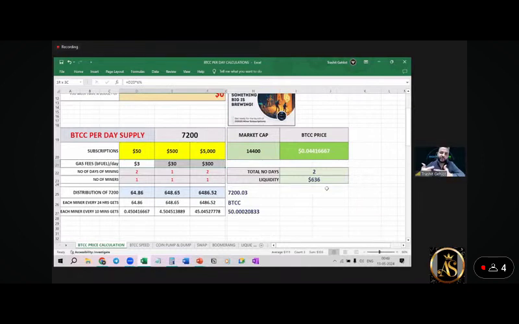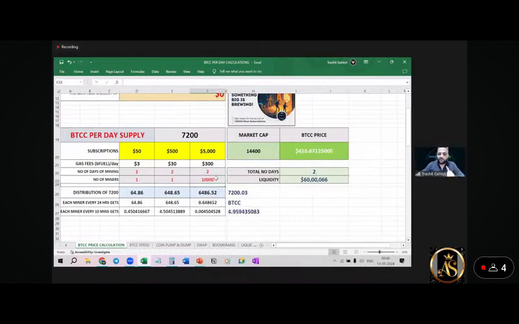So the proportion doesn't change, and the price of the coin also doesn't increase, right? It's the same. But what if the number of miners is increased?